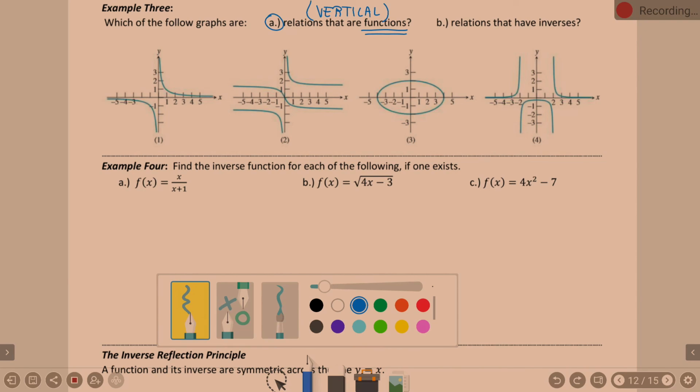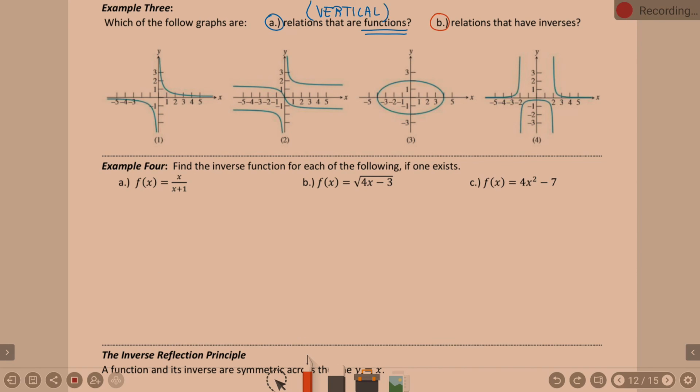Part B asks us, are they relations that have inverses? How am I going to assess if it has an inverse? If it passes the horizontal line test.